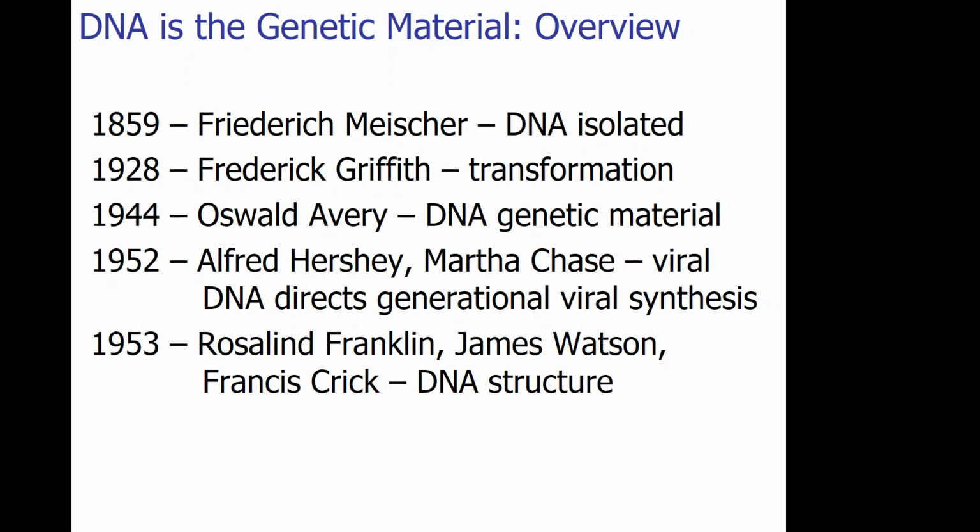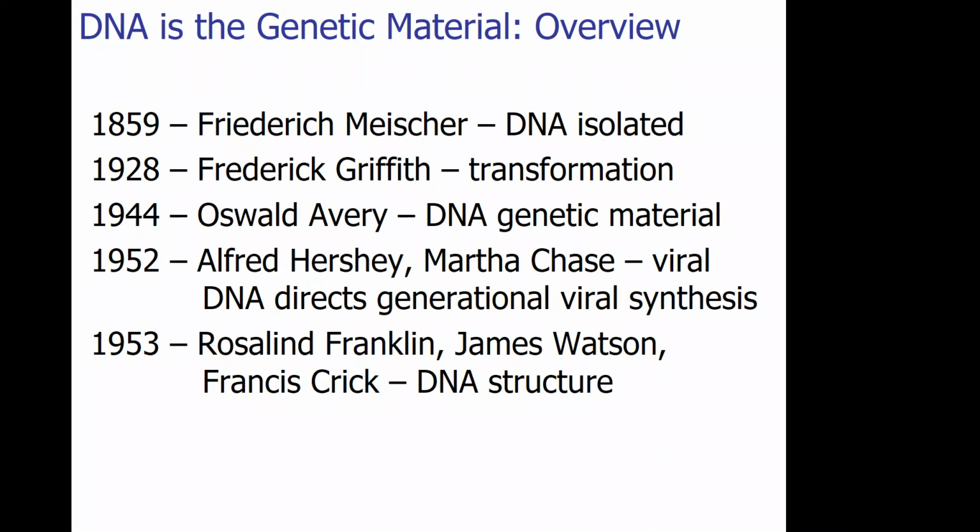But the interesting part of the story is not that he isolated it from white blood cells, but where the white blood cells came from. Pus, from bandages from wounded people in some war that was always happening in Europe. Back then they would just wash the bandages and then use them on the next person until they died, and then wash them again and use them on the next person.